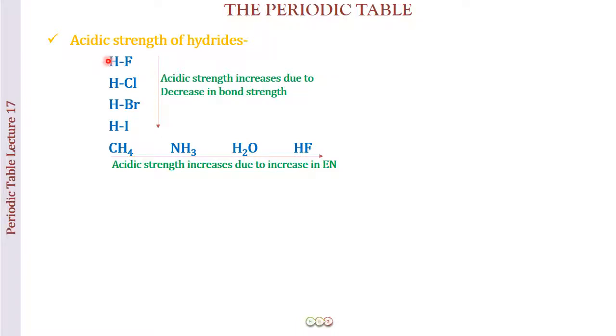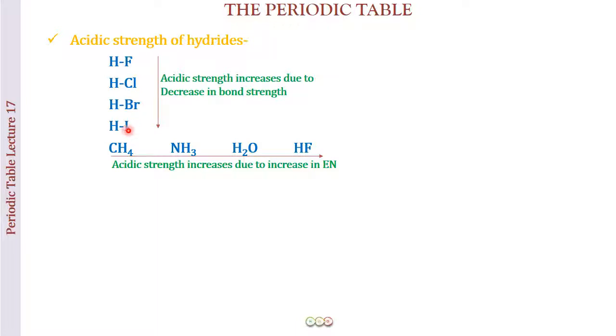But no, you have to remember that down the group the electronegativity values do not change to an appreciable level. So the important factor for determining the acidic strength of the hydrides down the group is not electronegativity, but the size of the halogens over here for this example, right? So fluorine has a smaller size than chlorine, and iodine has the maximum size.